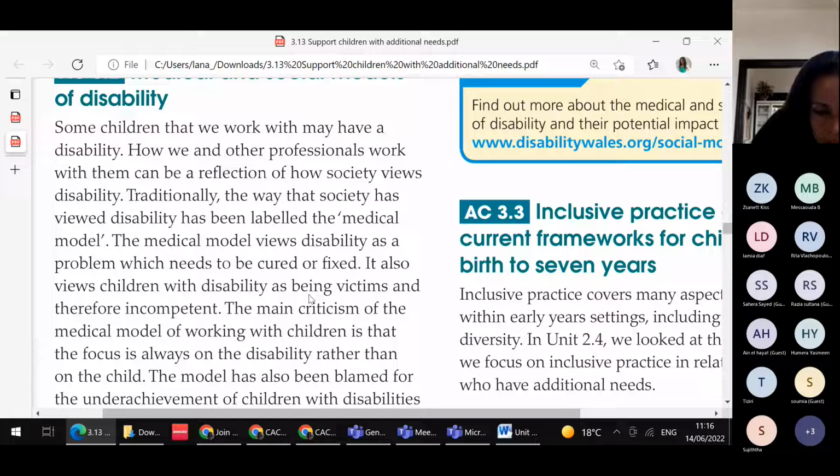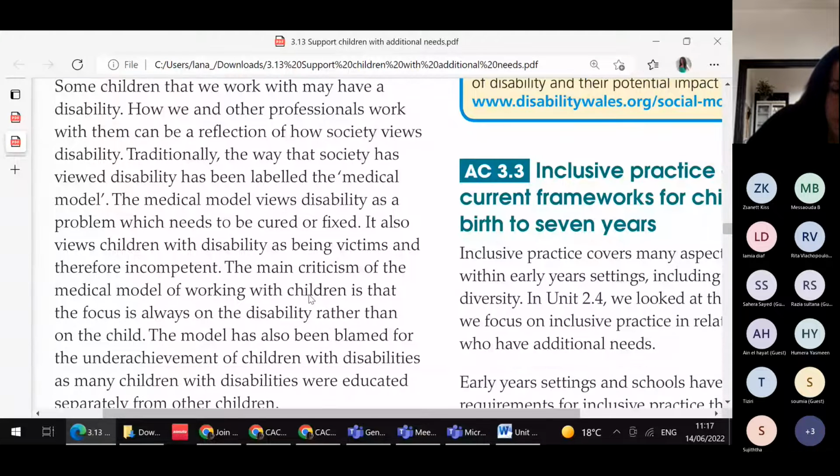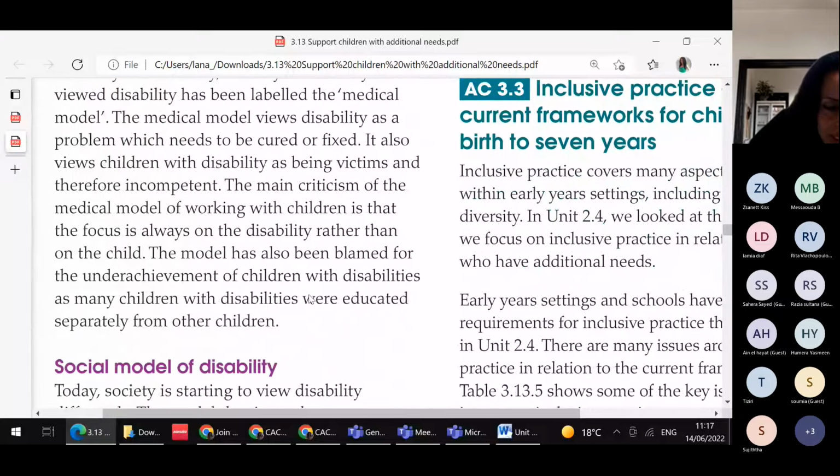So traditionally, in the past, society has viewed disability through what is labeled as the medical model. The medical model views disability as a problem which needs to be cured or fixed. It has viewed children with disability as victims and therefore incompetent. So all this has affected the way society sees disability.